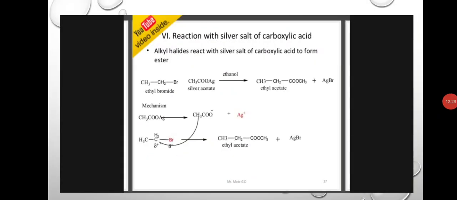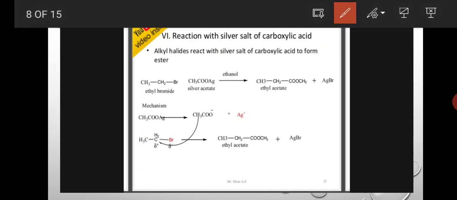And next is the reaction with silver salt of carboxylic acid. Alkyl halides react with silver salt of carboxylic acid to form esters. Alkyl halides react with silver acetate or any salt of carboxylic acids in the presence of ethanol and form esters.